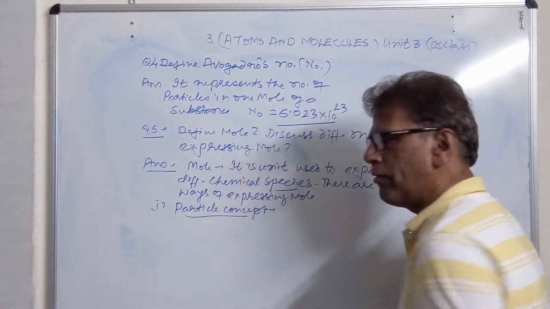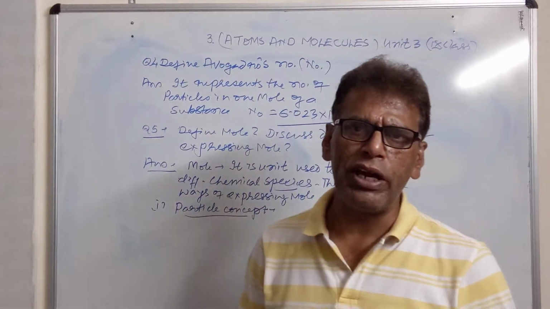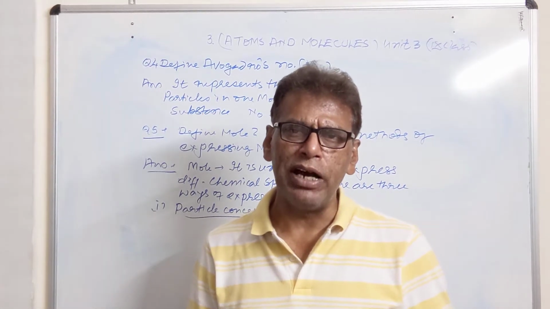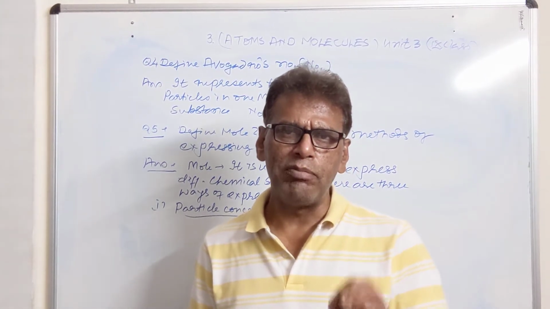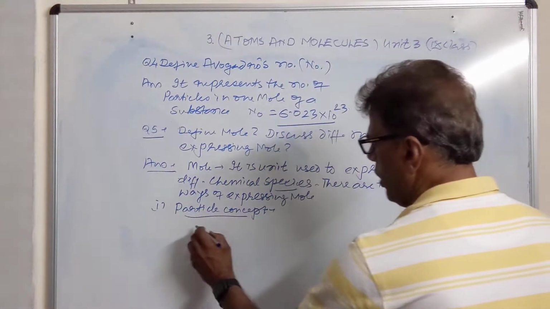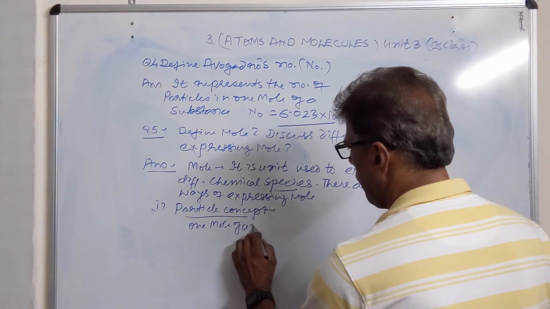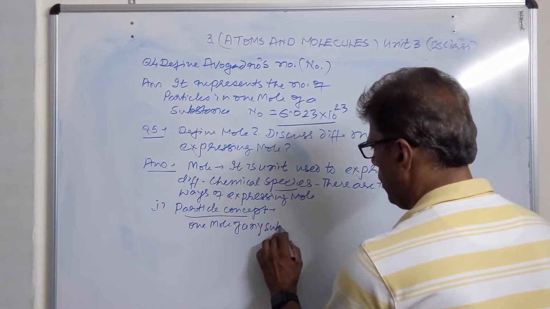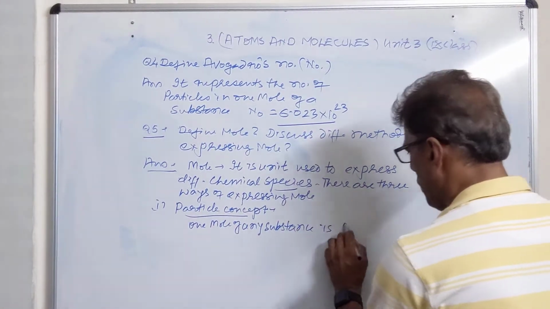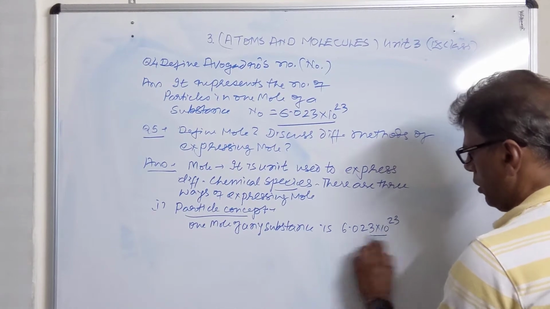According to this concept, 1 mole of any substance will contain 6.023 into 10 raised to power 23 particles. They may be atoms, they may be ions, as the case may be. The number does not change, but these species can change. So 1 mole of any substance is equal to Avogadro's number, 6.023 into 10 raised to power 23 particles.